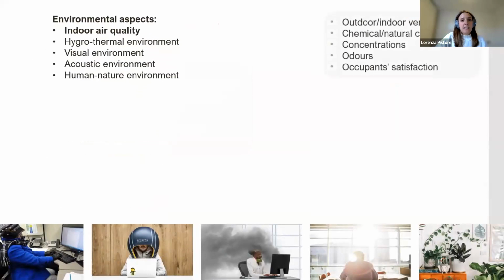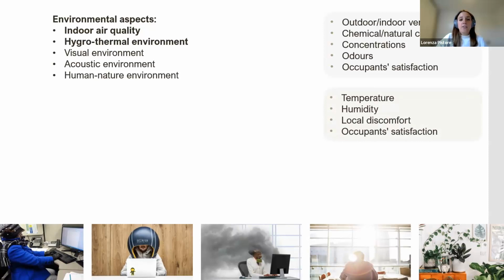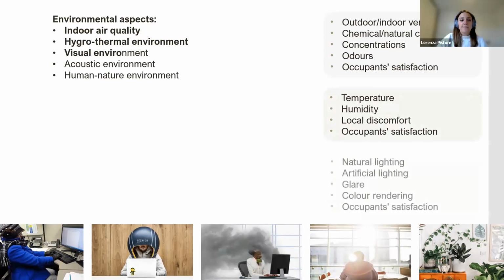For each environmental aspect, we can look at more specific sub-aspects, let's say. So, for example, for indoor air quality, there is the outdoor and indoor ventilation, the presence of chemical or natural contaminants, the concentration of pollutants, or the presence of odors. For the hygrothermal environment, there is temperature, there is humidity, but there are also local discomfort issues.